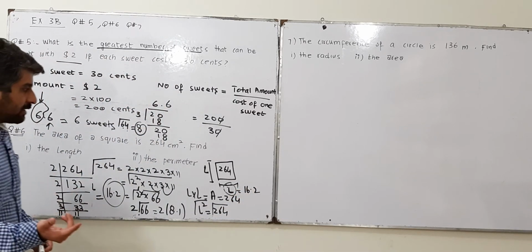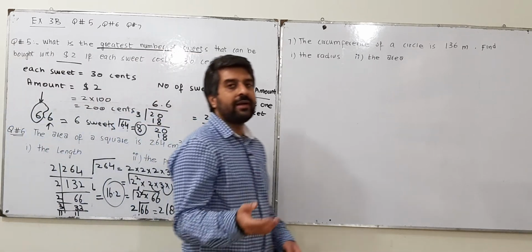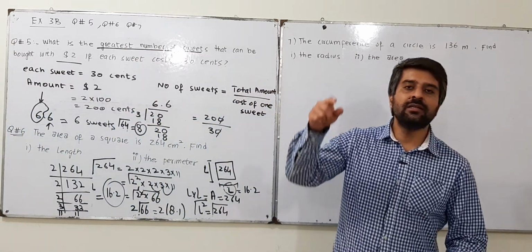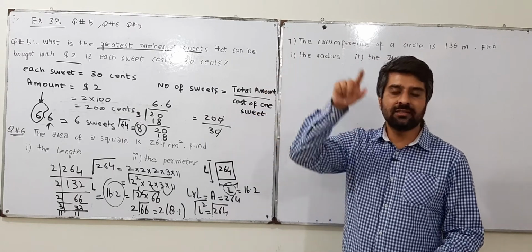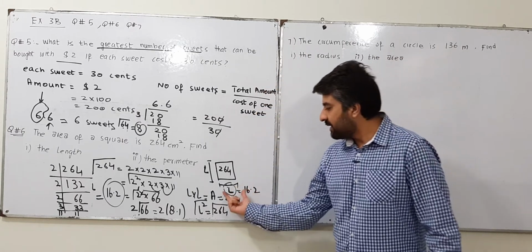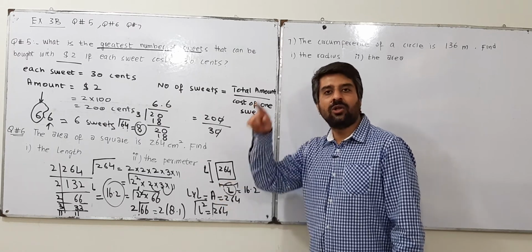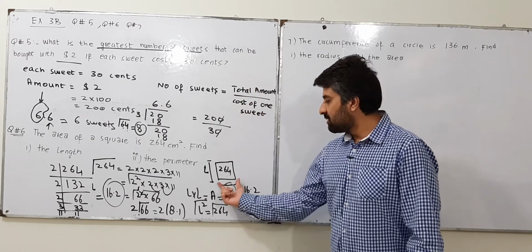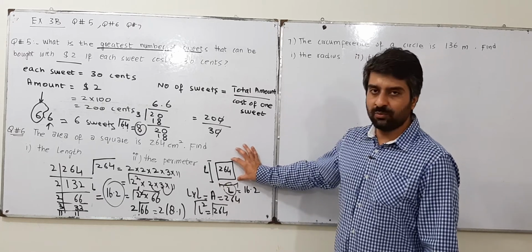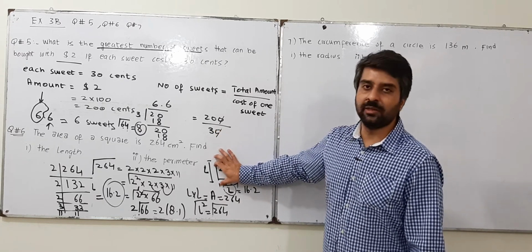Now if one length is known, you can find the perimeter. Perimeter is adding all the lengths, all the boundaries. If one length is 16.2, this is a square, and a square has all the sides equal. So if this is 16.2, then this must be 16.2, 16.2, 16.2.